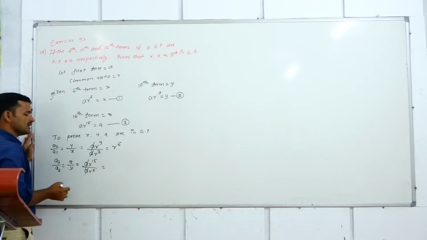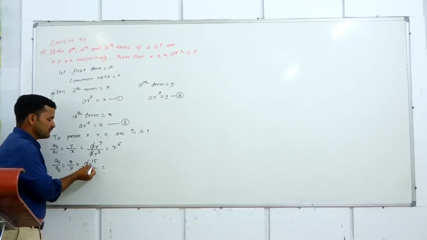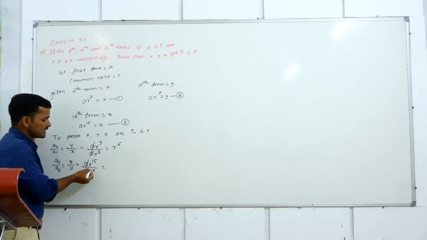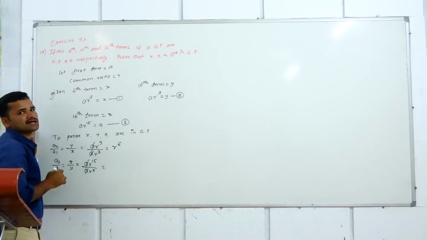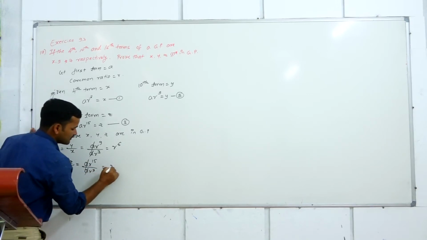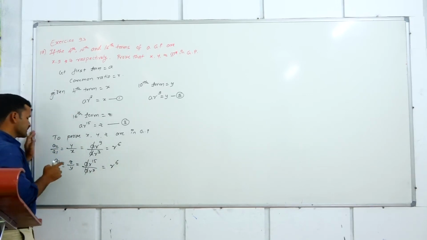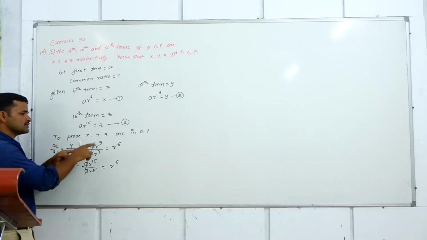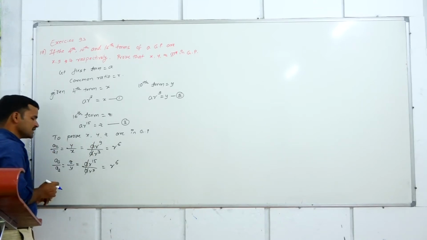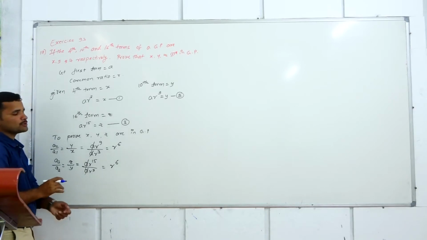Next, r is 15 times in the numerator and 9 times in the denominator. Nine times we cancel r, so we are left with r to the power of 6 in the numerator. You see, a2 by a1 is equal to r to the power of 6, and a3 by a2 is also equal to r to the power of 6.